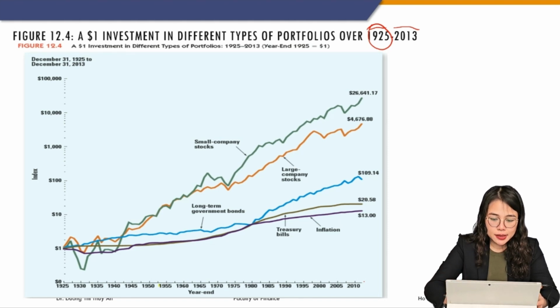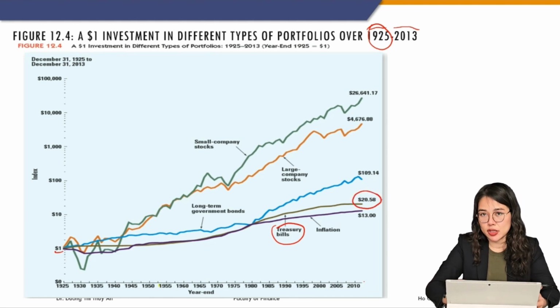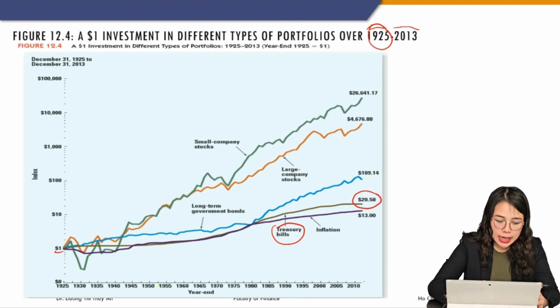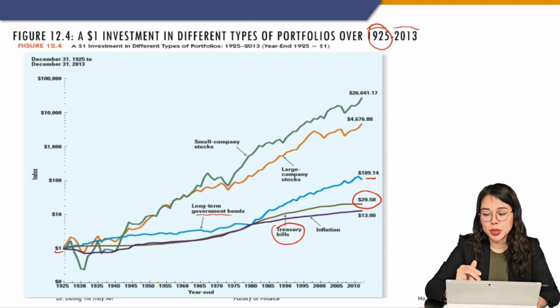You see, from $1, if you invest in treasury bills, it grows to $20.58. And if we invest $1 in long-term government bonds, the blue line, by the end of 2013 we get $109.14.